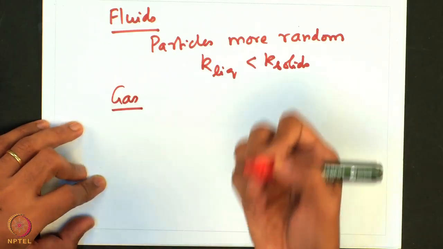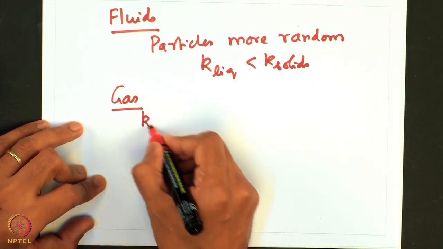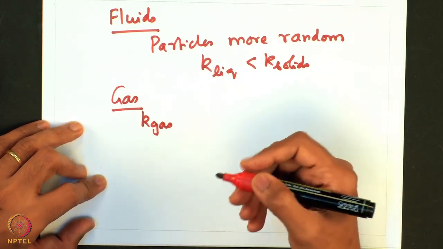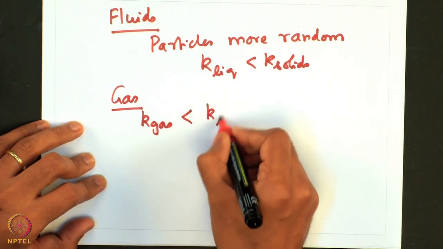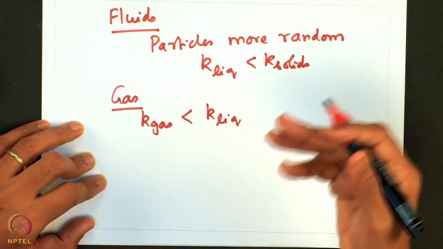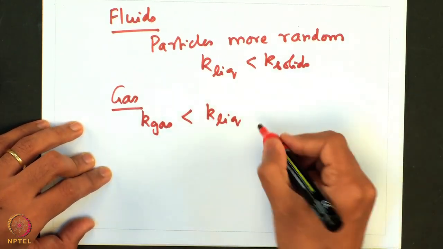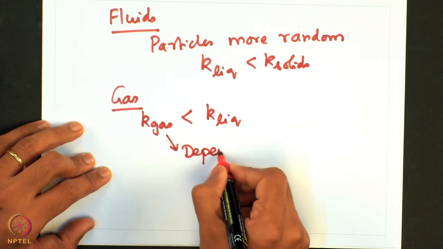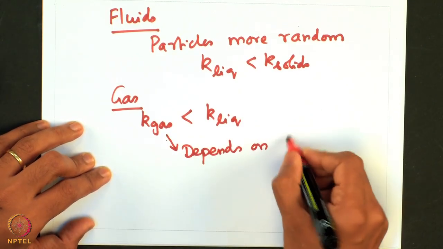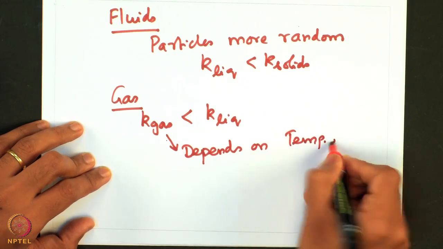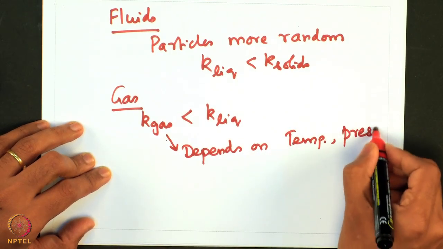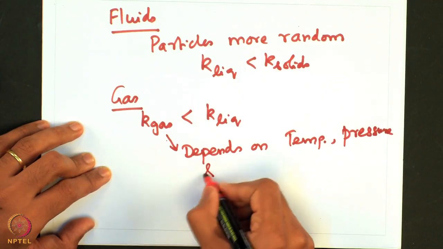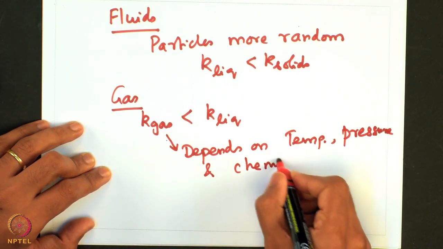So, let us consider gas systems. In a gas system, the conductivity of gas is once again much smaller than that of liquids. That is because the particles are even more randomly packed, and it typically depends on temperature, pressure, and the chemical species itself.